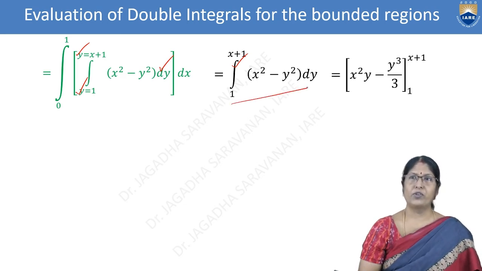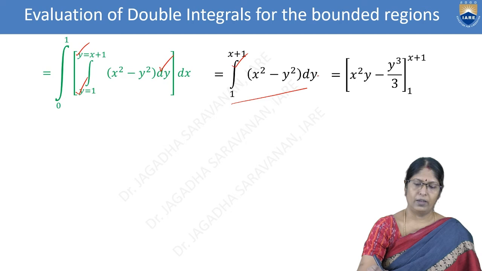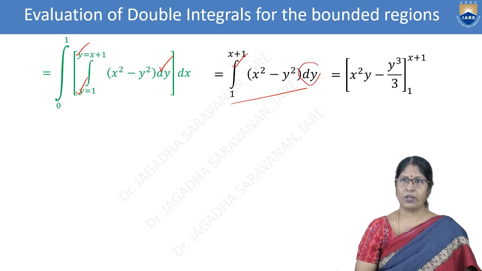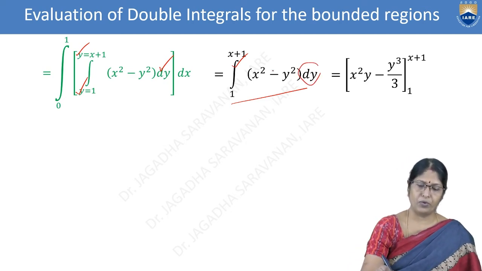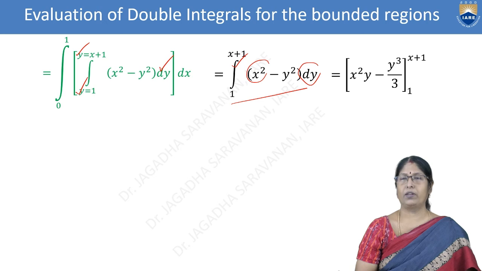So this integration we can even call partial integration. That is, we are going to do integration with respect to y, and treat the other variable x as constant. Partial integration is the correct word for doing this integration.